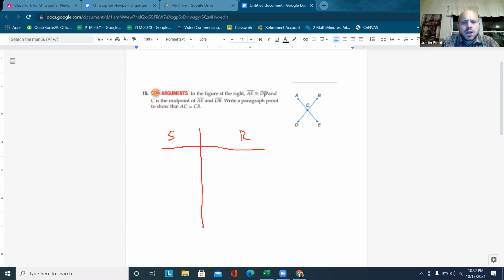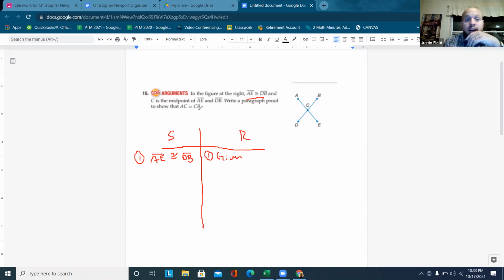In the figure at the right, AE is congruent to DB. So we can write that AE is congruent to DB. It's given. First reason is always given.